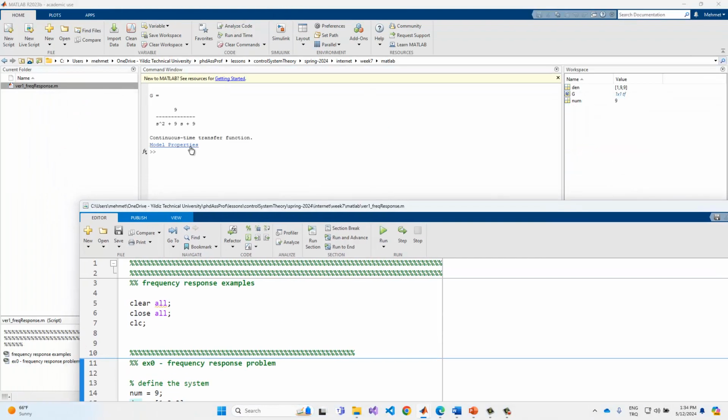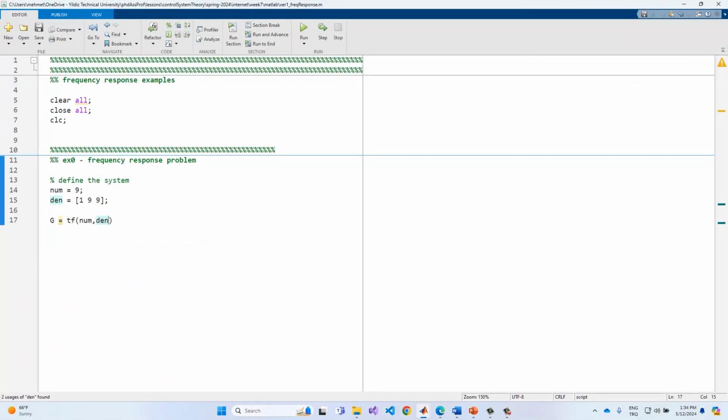And so if I run this code, we have the 9 divided by s squared plus 9s plus 9 system, okay? And so how can we show the R problem, the frequency response problem in here? For example, we can define the time vector in here just like this one, t from 0 with step 0.001 up to 10 seconds, okay?